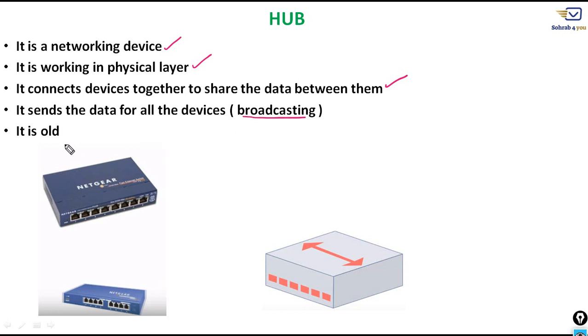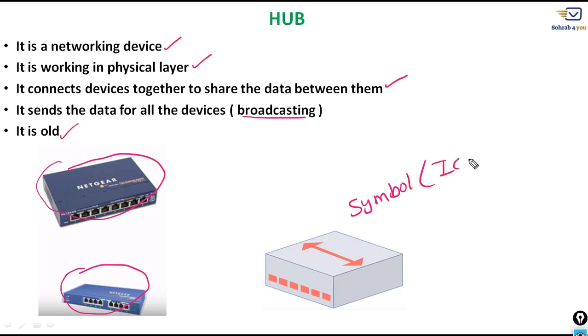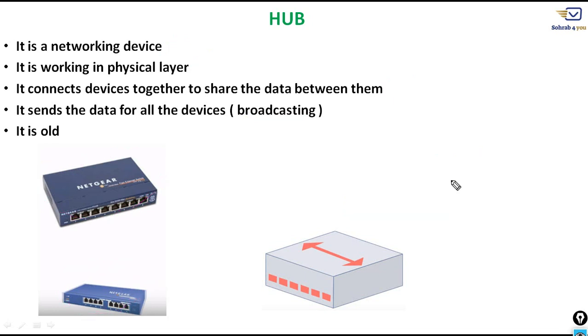Is it an old or a new technology? It is a very old technology. And here is how a hub looks like. This is the real device, and this is the symbol, or icon, which we use in networking.